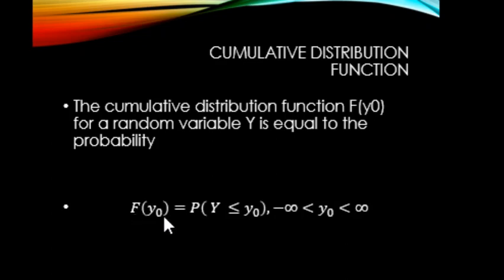So F at y0, the cumulative distribution function at a point y0 of our continuous random variable y, is the probability of y less than or equal to y0. What that means is it's the probability that has been attained up to that point. Okay, so that's the cumulative distribution function, probability of y less than or equal to some value y0.